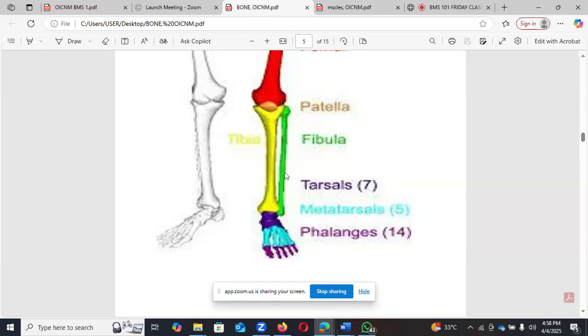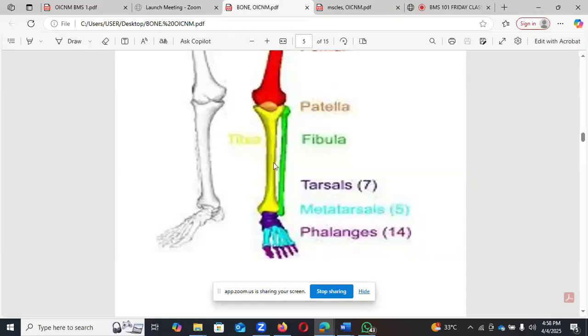If the fibula is broken, there is no danger, because it carries less load.